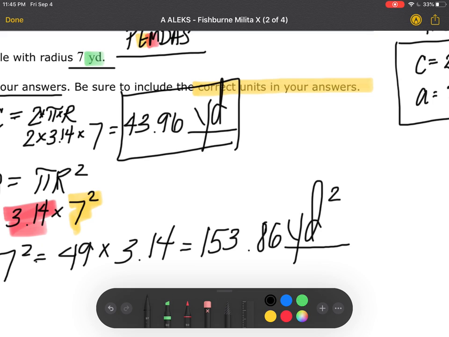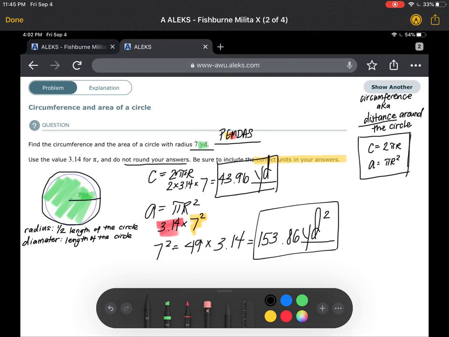So for this answer, make sure that you have 153.86 yards squared. So area is always squared, and circumference is just your unit. It's no little numbers, as you guys like to call them.